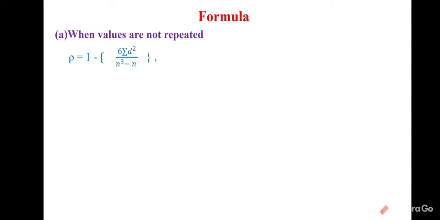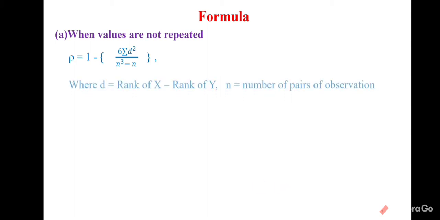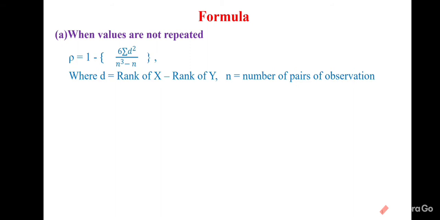Then we use 1 minus 6 times summation d square divided by n cube minus n. Here d equals difference of rank x minus rank y, and n equals number of pairs of observations, the number of values given.